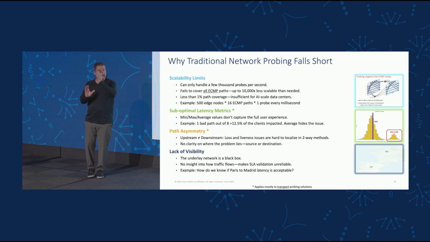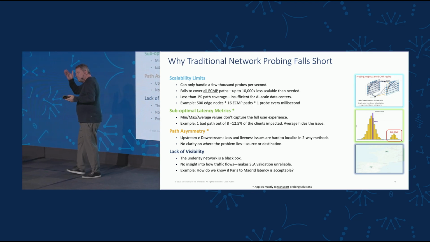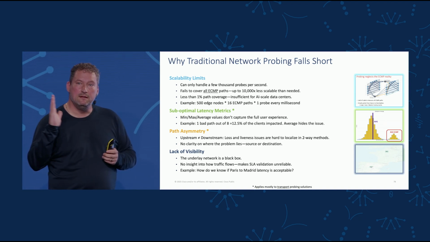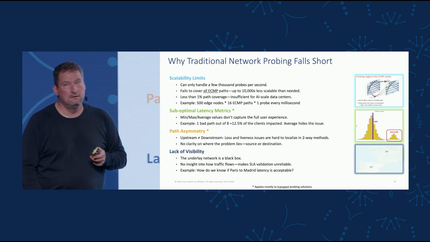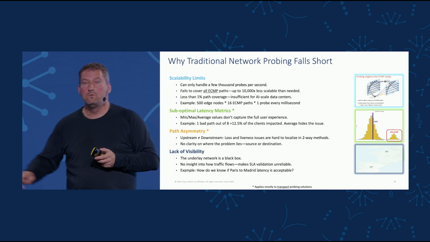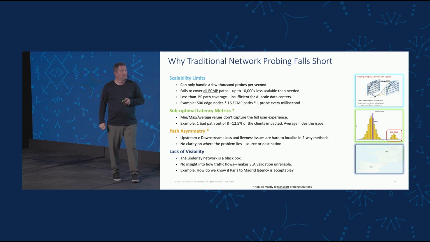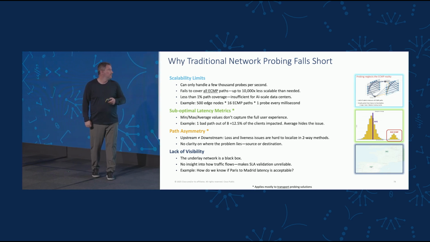So your average will show a little bit like the green graph, where average says everything is fine. But with a histogram, for instance, if you were to bin all the delay packets into different bins, you might find out that in one of the paths, in this example, 12.5% of the clients have a bad experience on the network, right? So average will hide that.